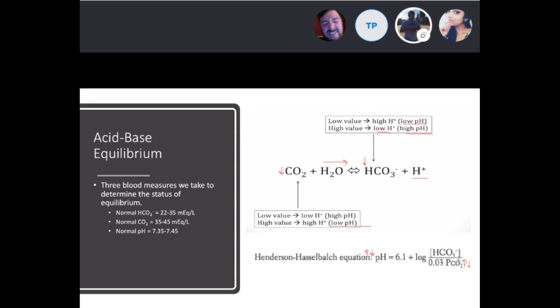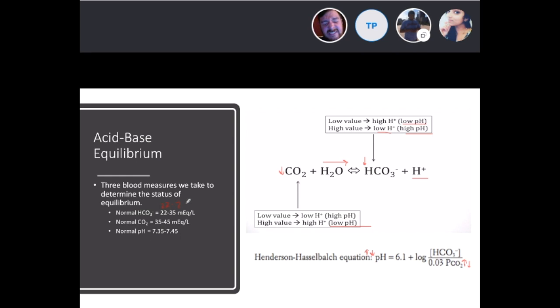So when we're talking about acid-base equilibrium, we're going to do 3 blood measurements to determine the status of this equilibrium. We're going to look at the normal bicarb, which is usually between 22 to 26. I think that's an error on the slide, sorry. It should be 22 to 26 generally.